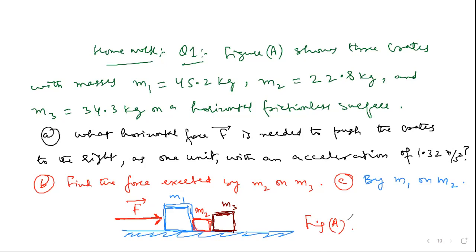So there is no friction on the surface. Part A says what horizontal force F is needed to push the crates to the right as 1 unit with an acceleration of 1.32 meter per second square. Part B, find the force exerted by M2 on M3, C by M1 on M2. This is your question 1.